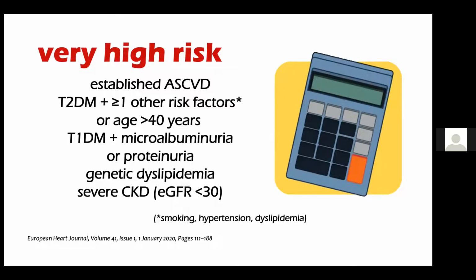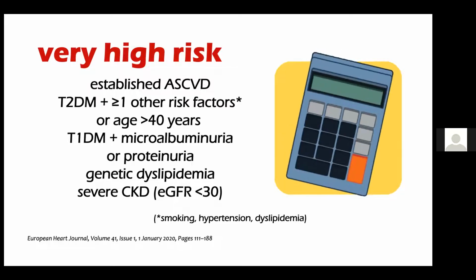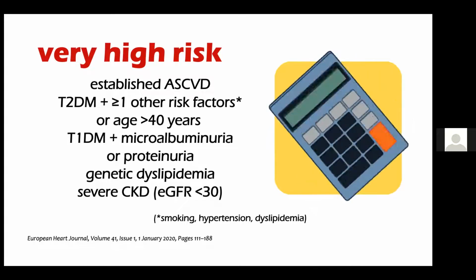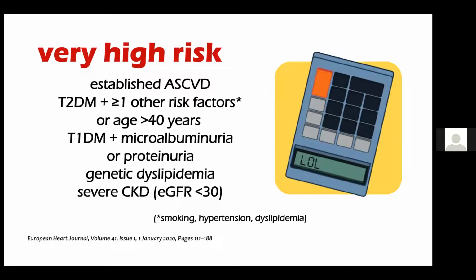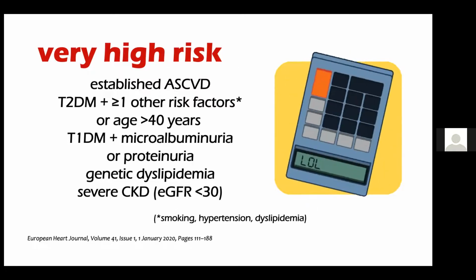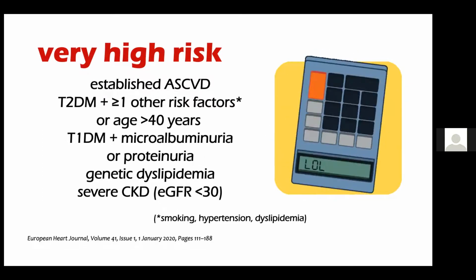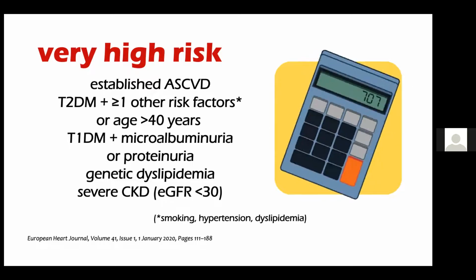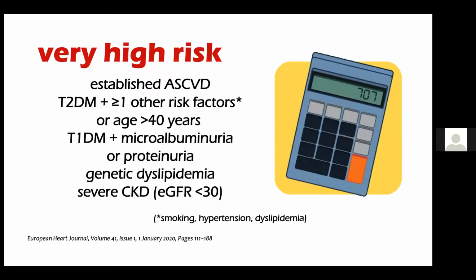A patient with type 1 diabetes with microalbuminuria or proteinuria should also be considered to be at very high risk. Don't waste your time calculating. And a patient with genetic dyslipidemia will also be automatically considered to be at very high risk. The same applies to every single patient with an eGFR of less than 30, who should automatically be considered very high risk.